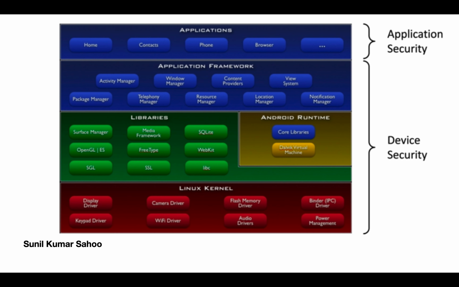Then we have the application framework, with content provider and location manager, all provided by Android OS, which we use in our Android application. So only the first, topmost layer belongs to Android applications. So application security belongs to that area.